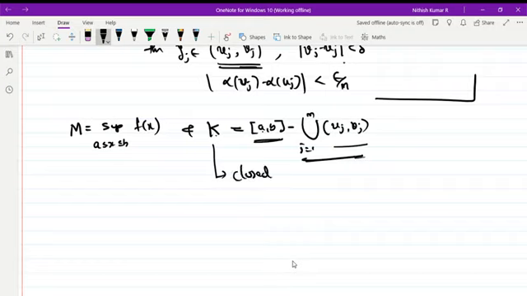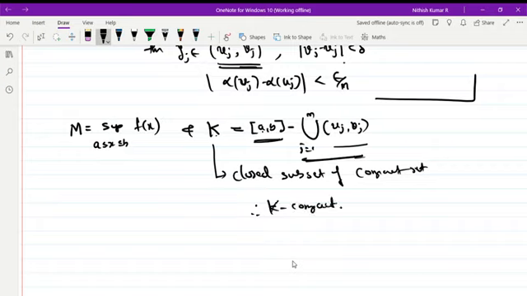Moreover, K is a subset of the closed interval [a, b], so it is a closed subset of the compact set [a, b]. Therefore K is compact. Now see, in the beginning f is defined on the closed interval [a, b].